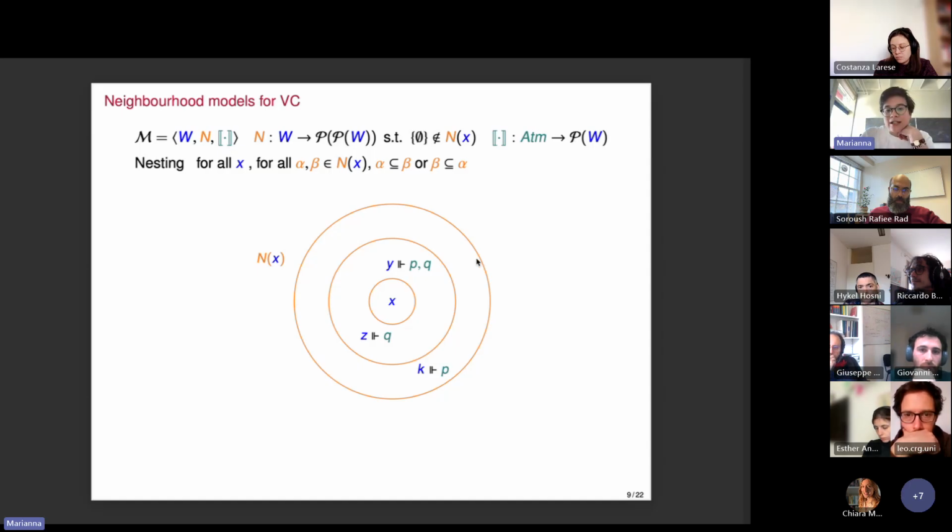This gives us this onion-shaped setting in which the spheres are concentric, one included in the other, within the same system of neighborhoods.